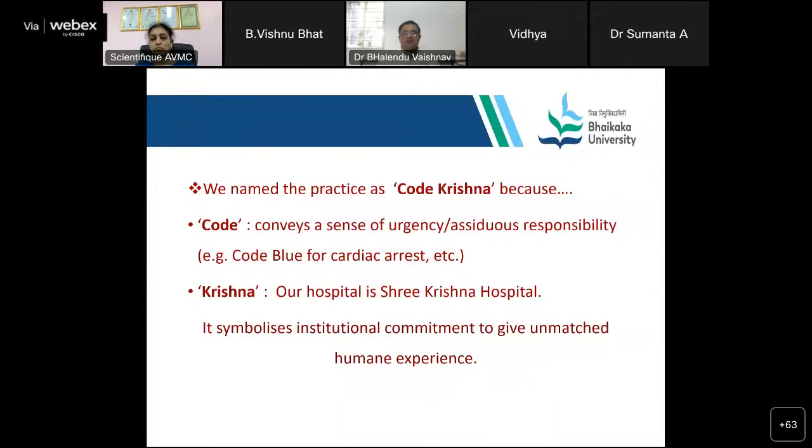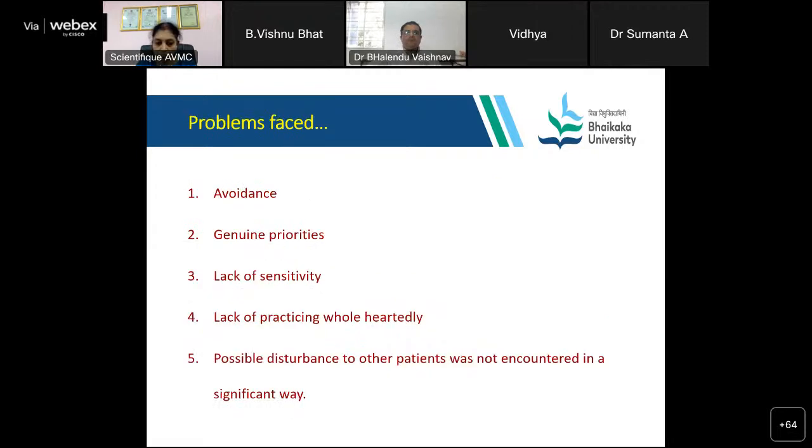And Krishna, because our hospital is Sri Krishna Hospital, it also symbolizes our institutional commitment to give an unmatched humane experience in the moment of death. And Krishna, in any case, is a divine deity or God, whom people turn to for safe passage to the worlds beyond. So we named it Code Krishna.